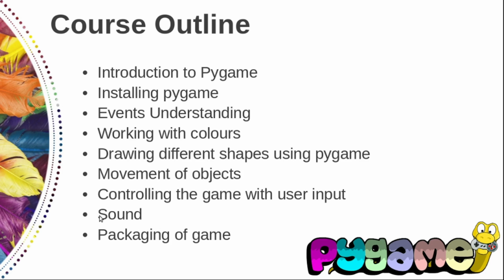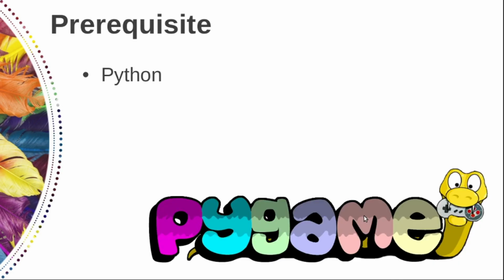And then we will finally build one game, and we will also do packaging of game in a single file. Okay, so now the prerequisite of the course is the Python language. So let's start with the introduction to the Pygame.